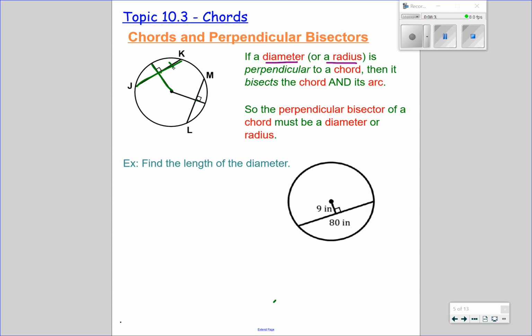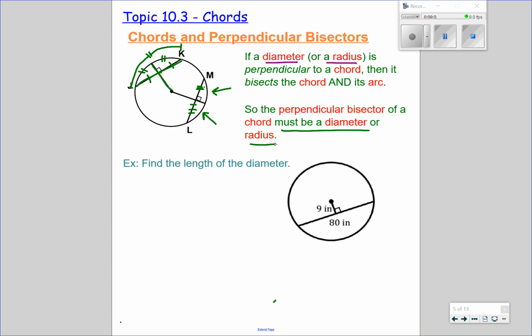That means that the chord gets bisected, meaning those two pieces are cut in half, and this arc is also bisected. So from here to here would be the same measure as from there to there. Similarly over here, if these are congruent, then this arc and this arc are also congruent. So basically the perpendicular bisector of a chord must be the diameter or the radius.